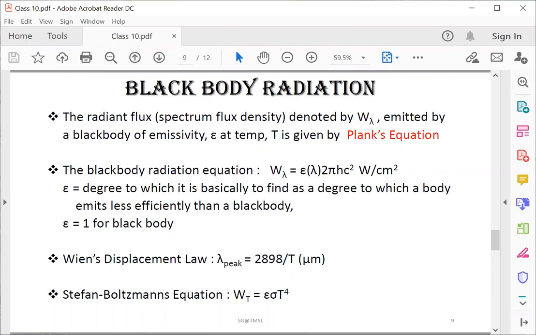The black body radiation is given by Planck's equation. Planck's equation is the relation between the radiant flux and the emissivity at a particular temperature.